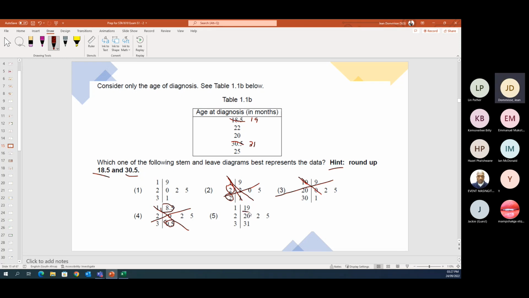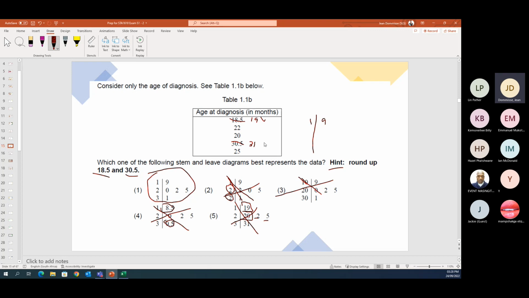You can't have a 19, a 20, and then these two numbers, so it again doesn't make sense. So basically that is the only one that is correct. So even without looking at it further, let's look at it: the smallest number is 19.